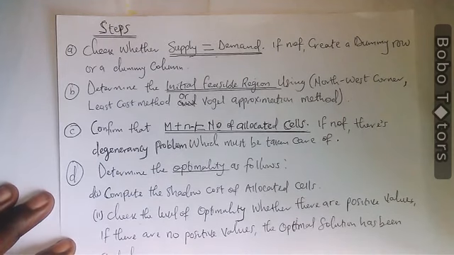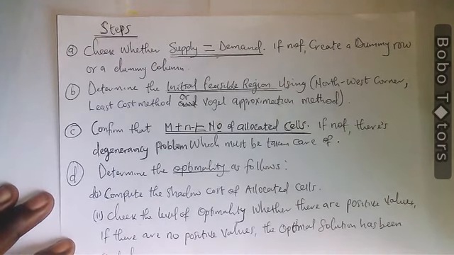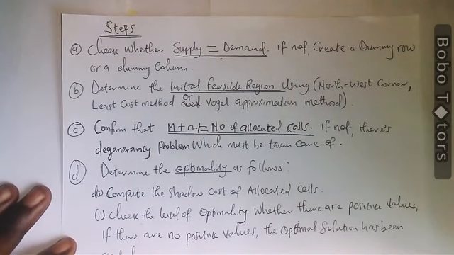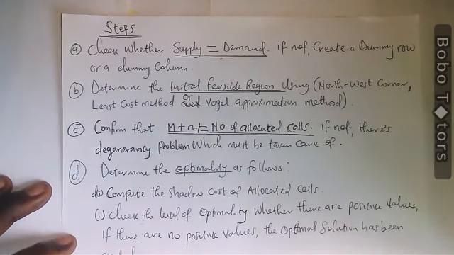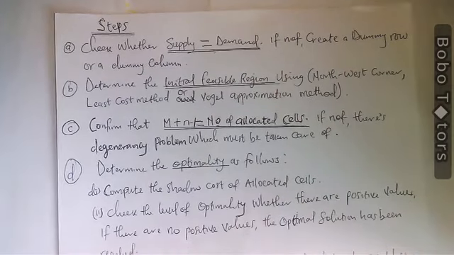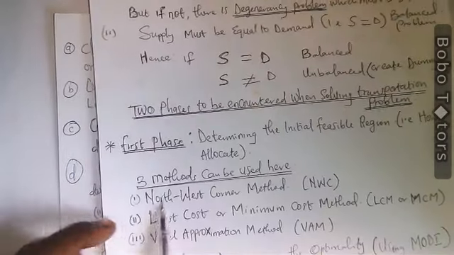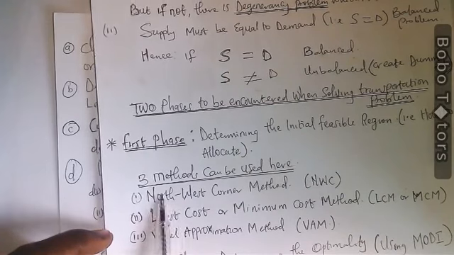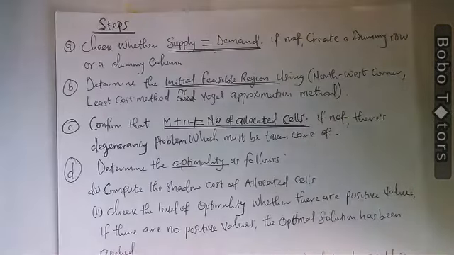Second, you determine the initial feasible region using either the northwest corner, the least cost method, or the Vogel approximation, which I've explained earlier. These three, you use either this or this.